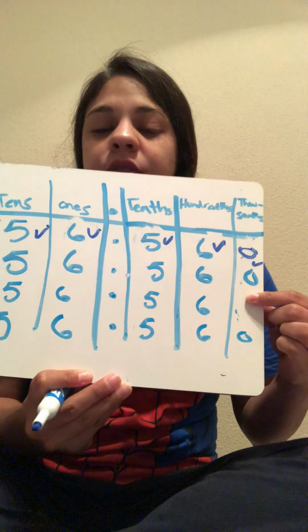And now I'm going to do D. Now, just because it's your last answer, it doesn't mean that that is your answer. So you still have to prove your answer no matter what. So you got 56 and 56 hundredths. And then you got 56 and 560 thousandths. Again, you don't have anything right here at the back, so you can go ahead and add a 0 to start comparing.